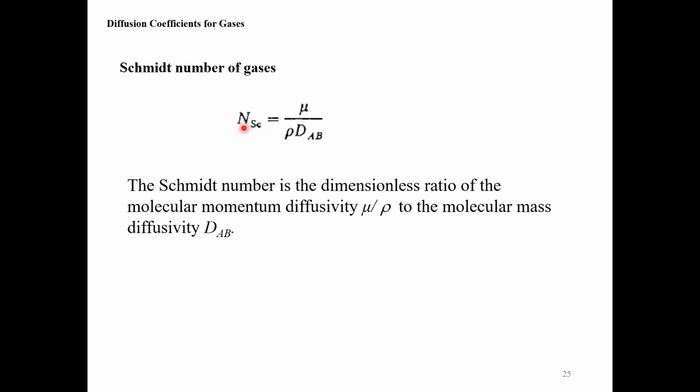The Schmidt number gives us the relationship between momentum diffusivity, mu by rho, versus mass diffusivity, capital D. For example, if we spoke about mixing a liquid where there is a drop of dye, and we want to know which of these diffusivities is dominating, momentum or mass diffusivity, or if a reaction is happening and things are being stirred, and you would want to compare momentum diffusivity versus mass diffusivity, for all these cases, the Schmidt number is helpful.